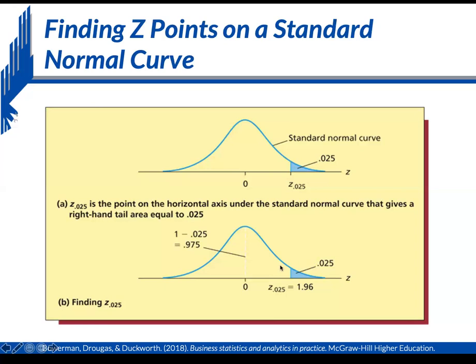And we can find that using the standard normal table. So remember, our standard normal table gives areas to the left, and the area to the left of this z-score is 0.975. So we will look for 0.975 in the standard normal table to get the corresponding z-score.